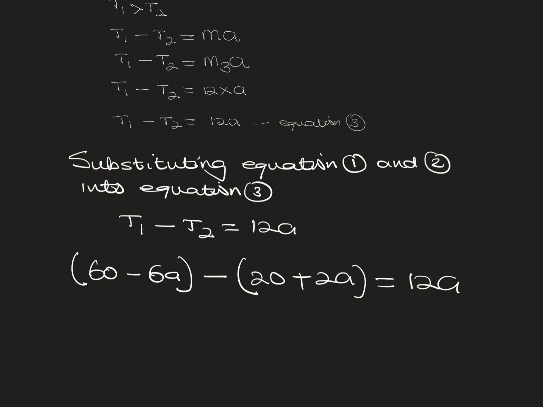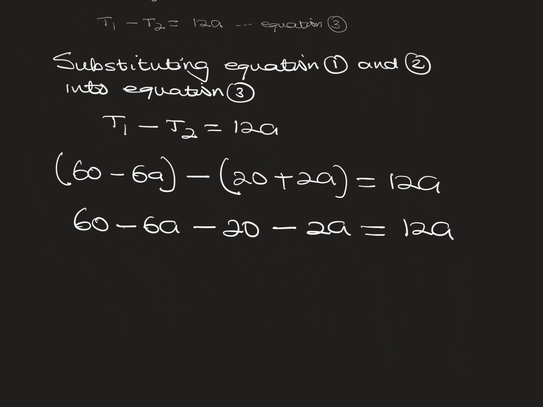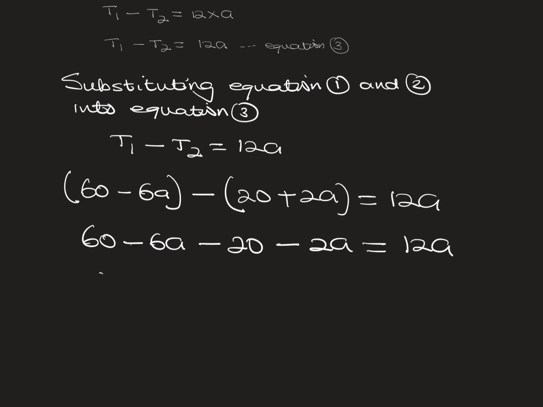If we expand this, we have 60 minus 6A minus 20 minus 2A is equal to 12A. Remember that minus times plus will be minus, so that is why we have minus 2A here. Moving on, we have 60 minus 20 minus 6A minus 2A is equal to 12A.